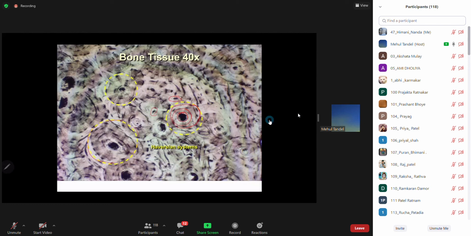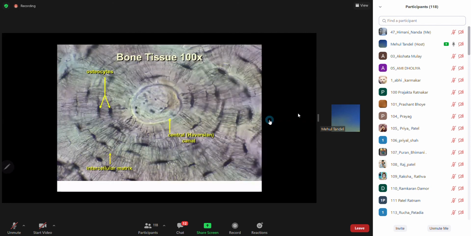Lacunae contain osteocytes and canaliculi contain processes of osteocytes. This is the Haversian canal, these are concentric lamellae, this is a lacuna for an osteocyte, and all these small processes are canaliculi.